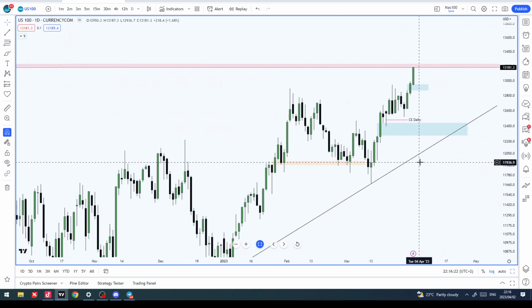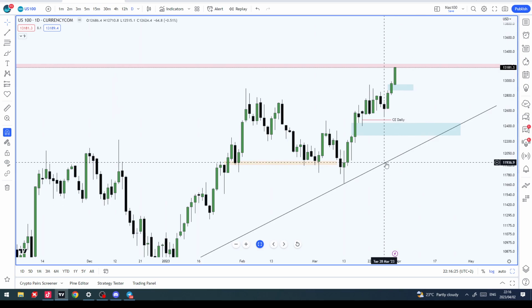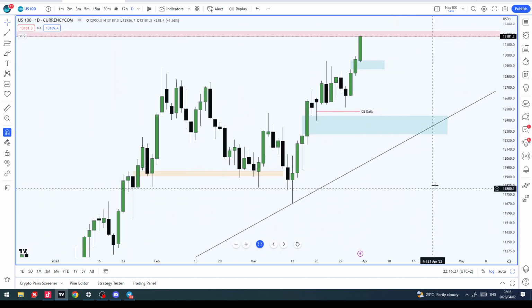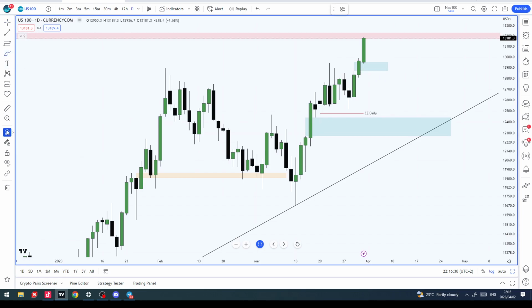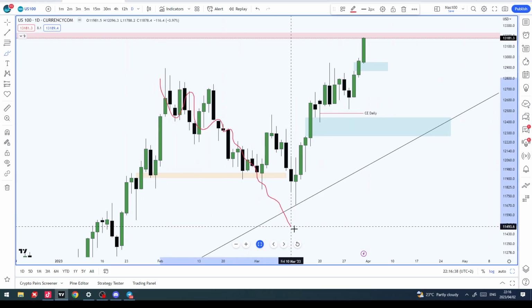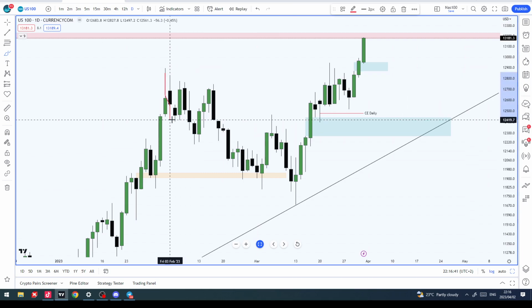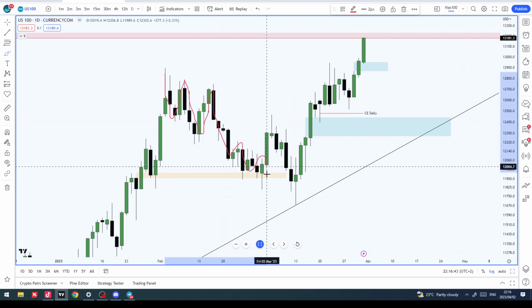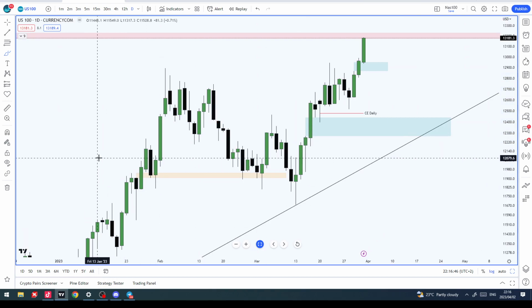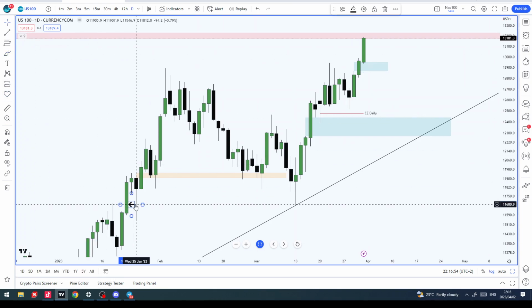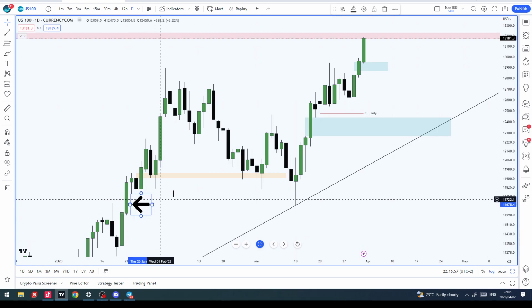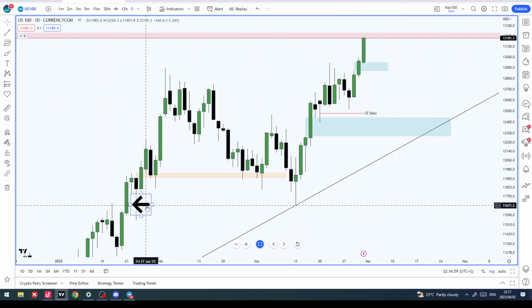Same theory that I told you before, right? Let's go here. Highs were made at the beginning of February, but there was no aggressive repricing lower. It was down, up, down, right? If we look here, this candle at the time took the high, right?